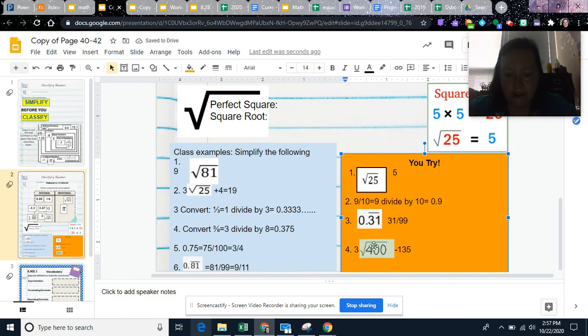And then for this one, you're going to take the square root of 400, that's 20, times 3, that's 60. And then 60 minus 135 is going to give you negative 75. So hopefully you got those correct.